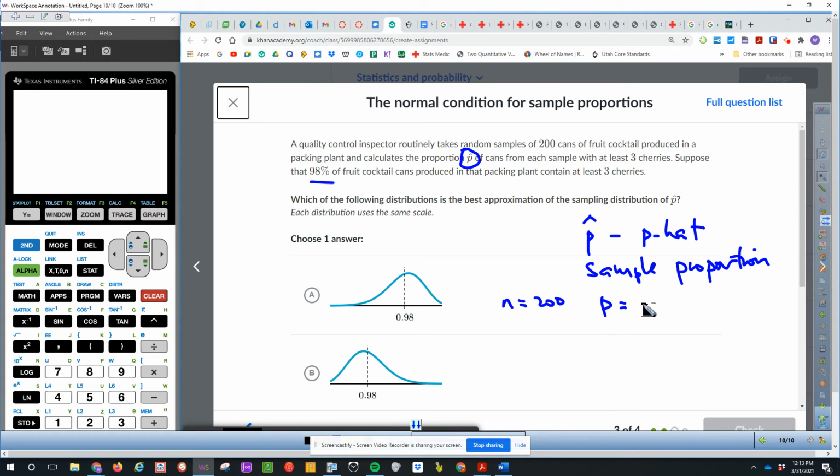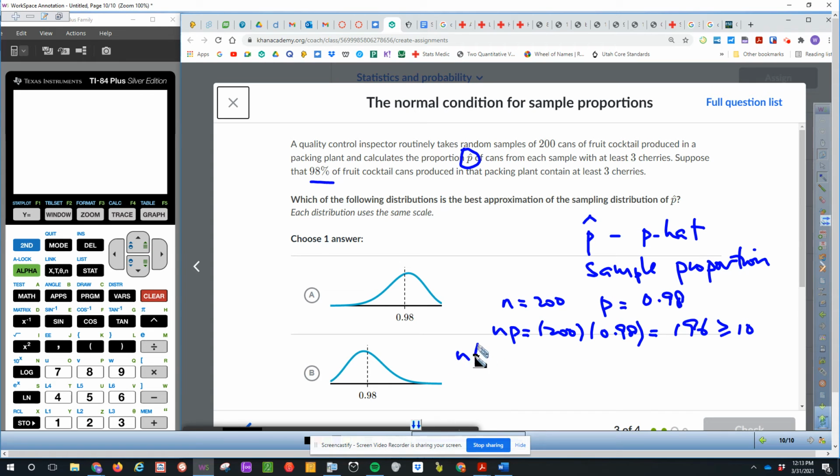The p is the probability that fruit cocktail contains at least 3 cherries, which is 0.98. So n times p is 200 times 0.98, the number of successes, which is huge: 196. And that is definitely greater than or equal to 10.